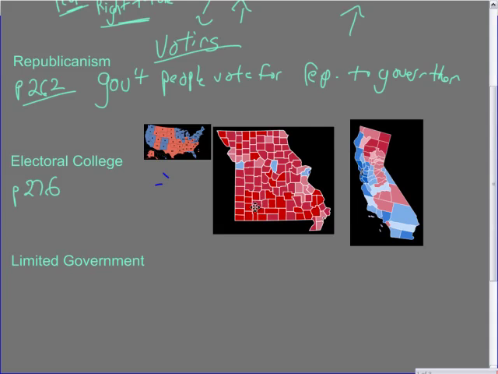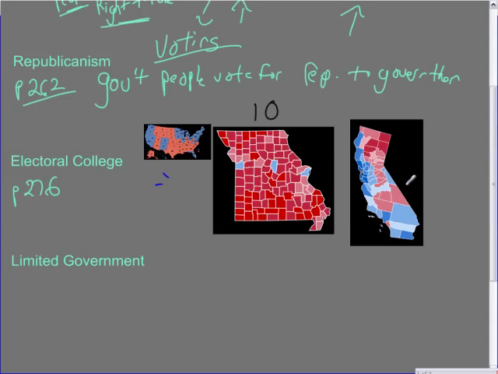If you look at Missouri, you have a lot of red, which would be counties where Mitt Romney won the vote. Because a vast majority of the people in Missouri voted for Mitt Romney, the electoral votes of Missouri, which are 10, go to Mitt Romney.